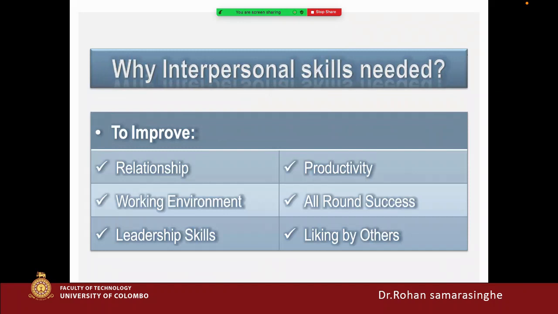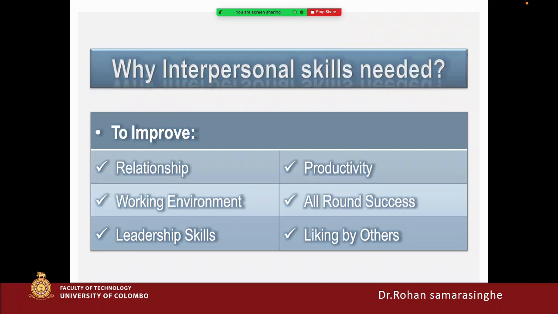Also, what you have to improve, we can summarize: you have to improve your relationships, the working environment, leadership skills, and productivity. Others must also have an image of you if you work hard, always try to achieve the given goals, and finish the work in the given time.